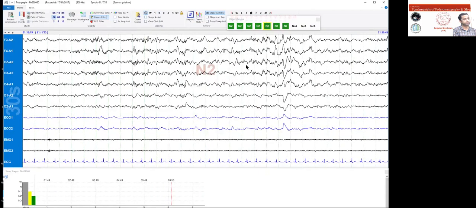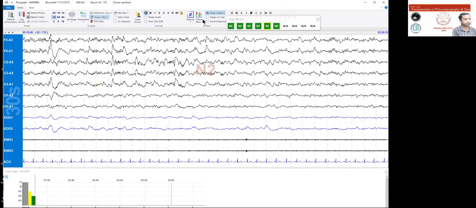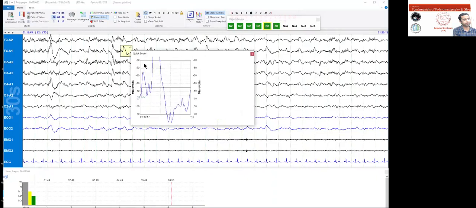These waves are slow wave activity; their frequency is like 0.5 to 2 hertz. So is it N2 or N3? It's N3, so we have to mark it as N3. It's not N2.